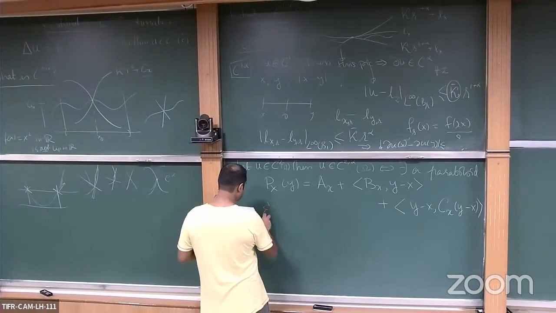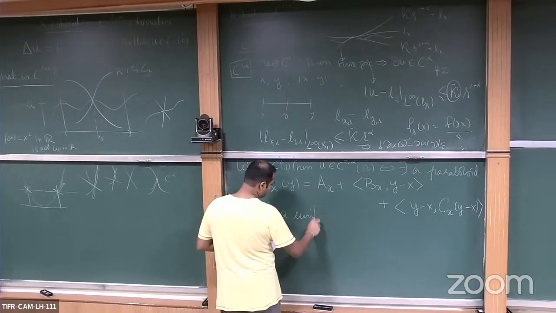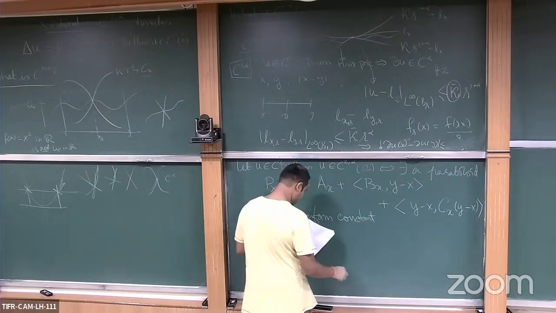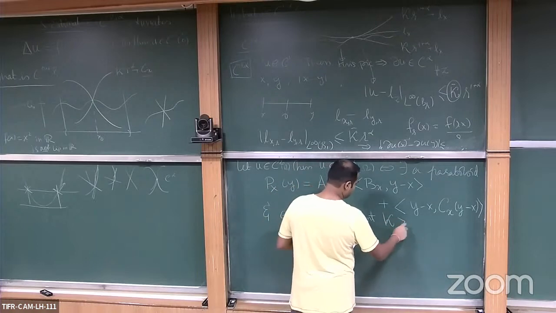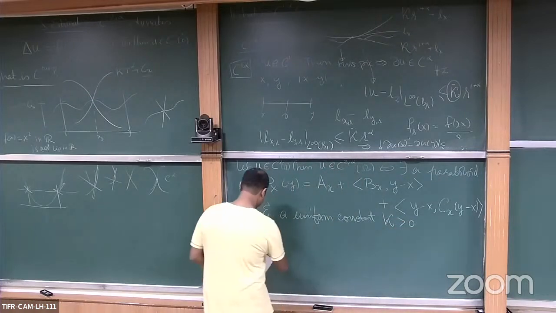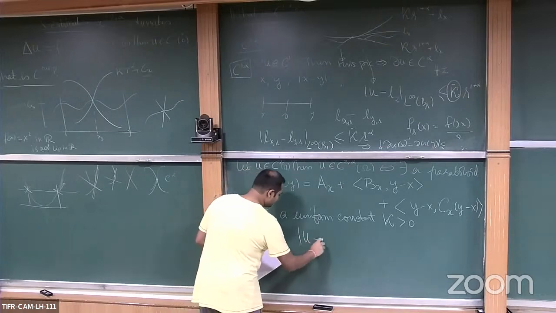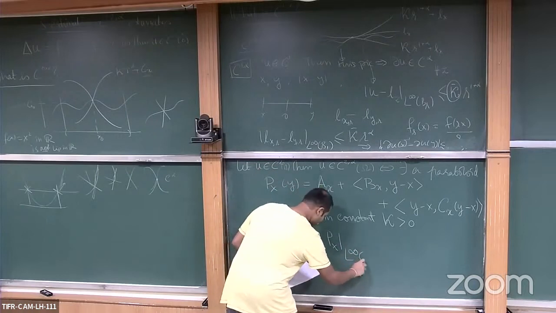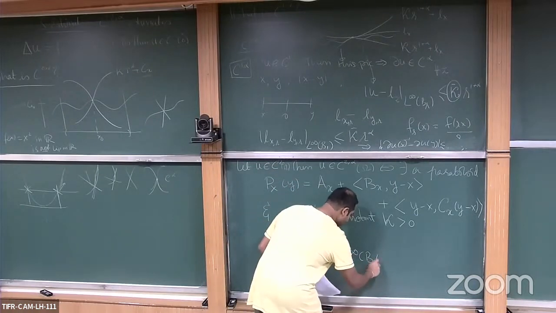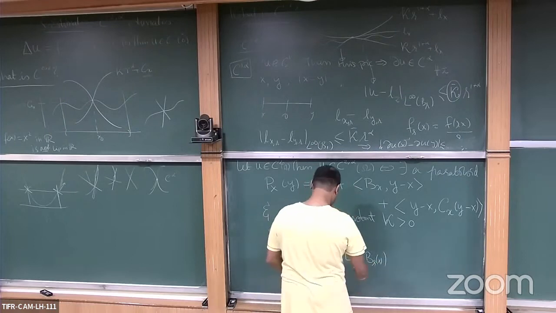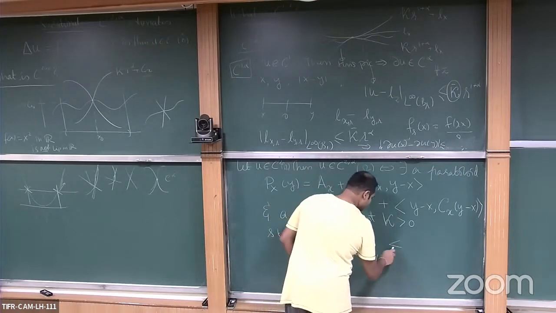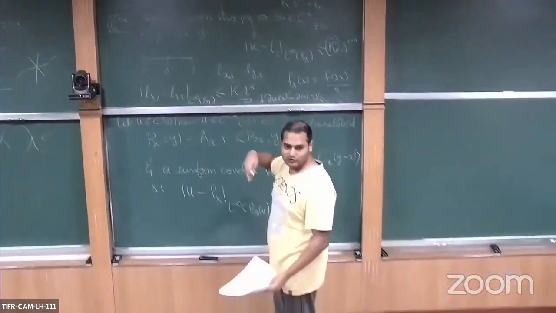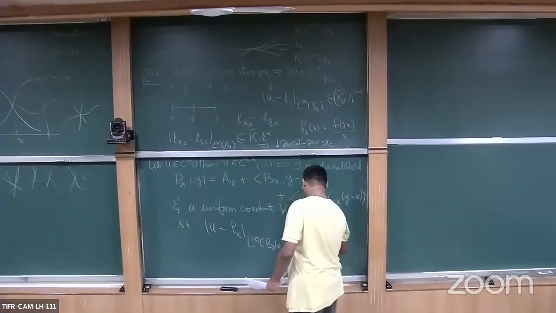And most importantly, a uniform constant k such that the L infinity norm of u minus P_x on the ball of radius r around x is less than or equal to k r to the 2 plus alpha. So it's separated at the r to the 2 plus alpha rate: if I have a quadratic, it should separate at r to the 2 plus alpha.